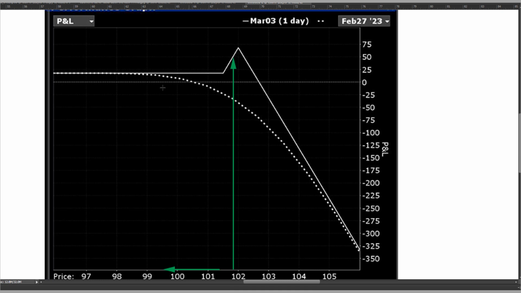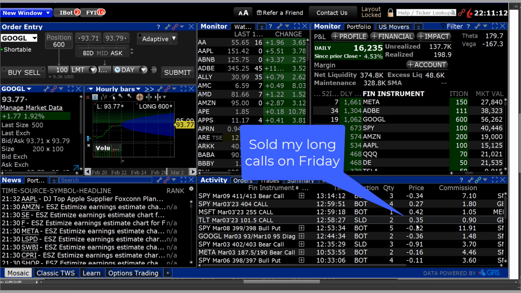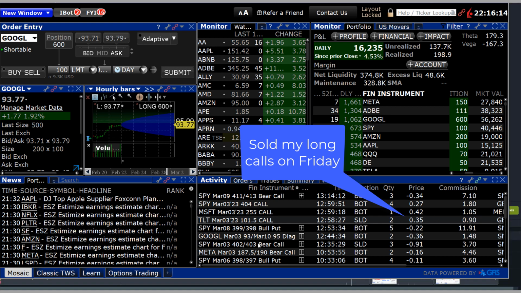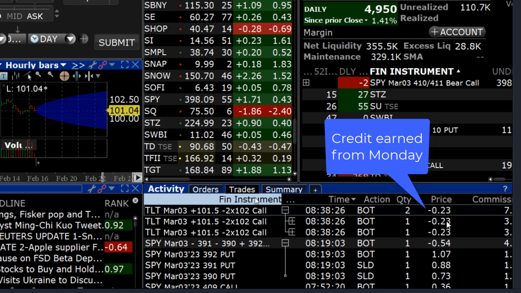So my actual profit for this looks like about $50 per strategy, and I believe I had 2 of these because I bought 2 calls and I sold 4 calls. So let's take a look at my recent trade here for TLT. So I sold my long calls, the 101.5, for $35 each. Originally, when I placed this trade, I was able to sell the combo for $23 each.